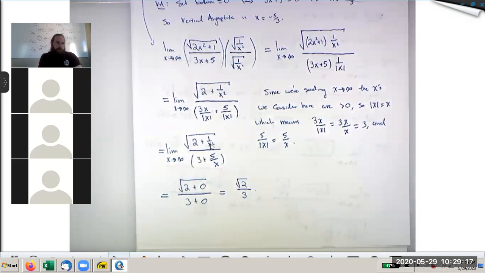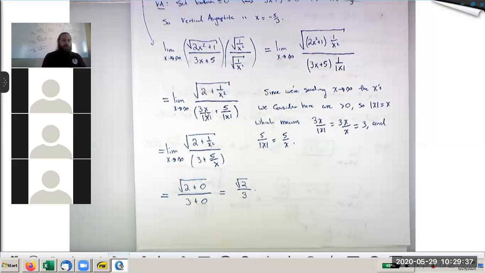So compare this also to the last problem from Wednesday. You'll see that writing it all out like this takes a little bit more space and is maybe a little bit confusing at first, but it will help you understand why we need to treat the limit at negative infinity the careful way we do.